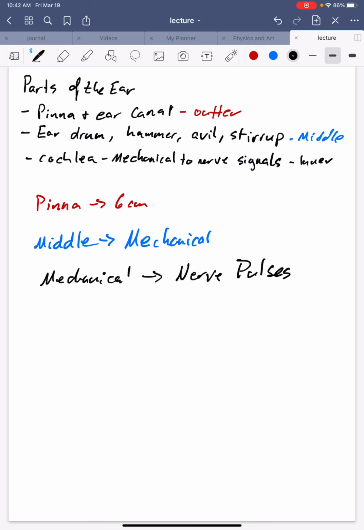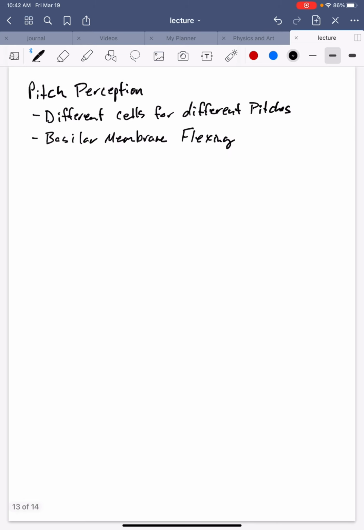So the next question can be, how does my ear measure frequency, and how does it measure pitch? So when I think about the membrane involved in the vibration, the area of vibration is amplified depending on the pitch or the frequency of the sound that's involved. So let's remember that pitch is related to frequency.